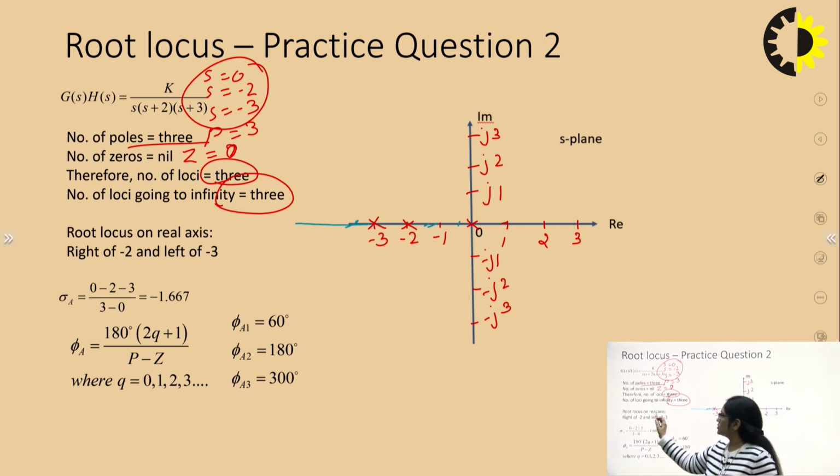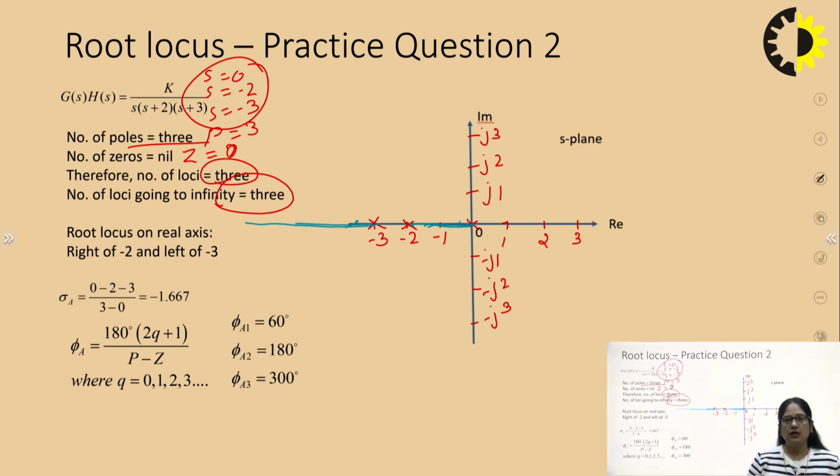Therefore, root locus on real axis is right part of -2, that is this part is root locus, and left of -3, so till infinity, this is the part of root locus. Now, since we know that the 3 loci will go towards infinity, we need to find the centroid and also the angle of asymptotes.